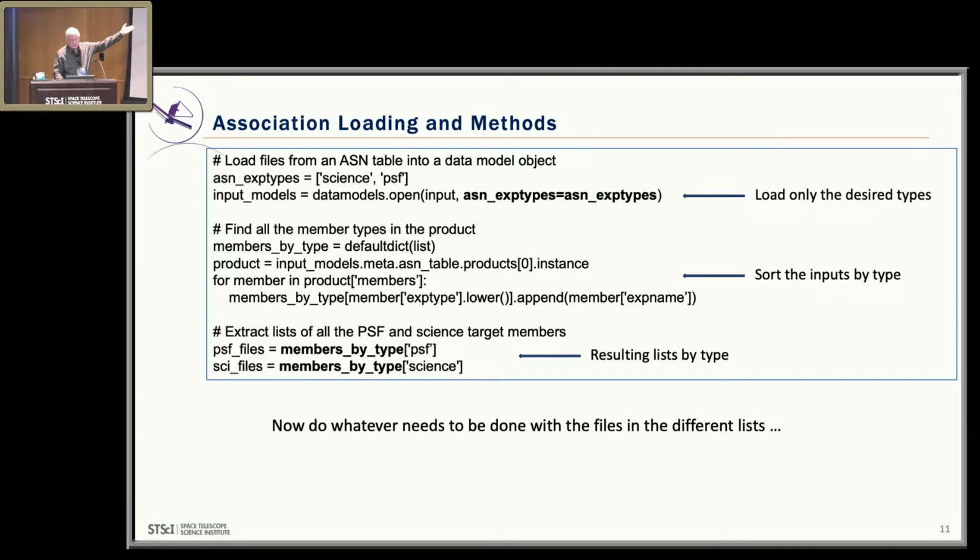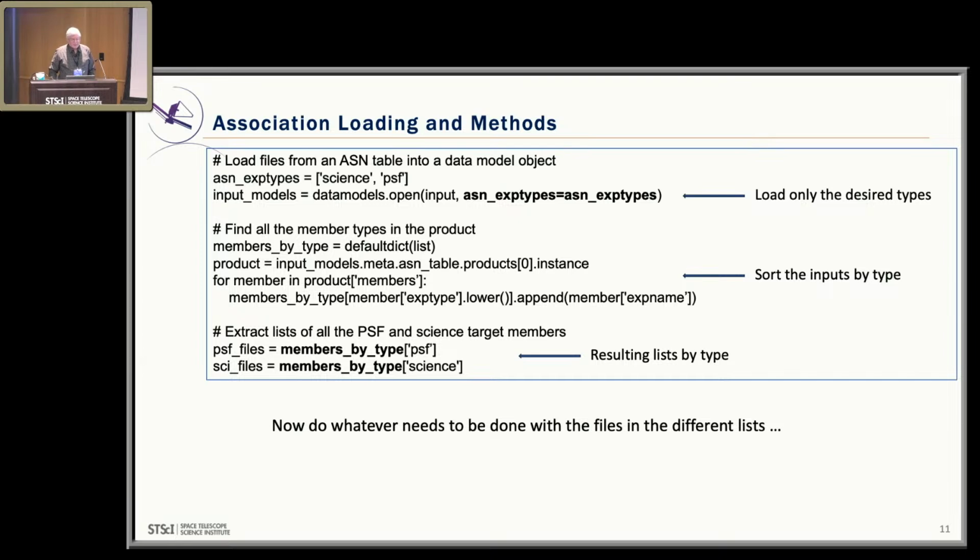So if you just call the open method and your input is recognized as being an association file, it first reads that association file to get the list of all the actual images you want to load, and then loads all of those images for you, so that the returned object that you get in Python is actually a list of all those data models that it loaded.